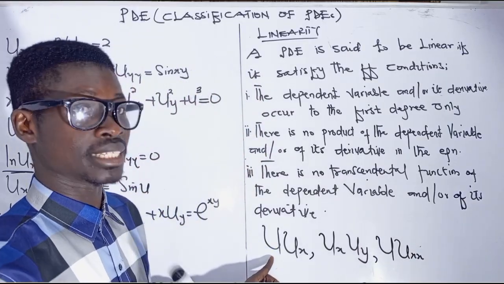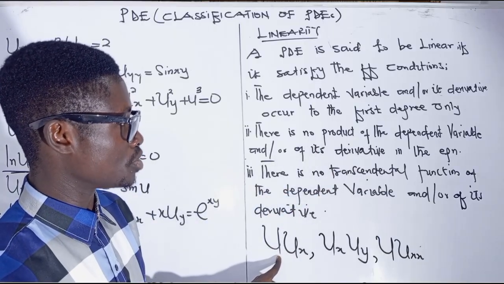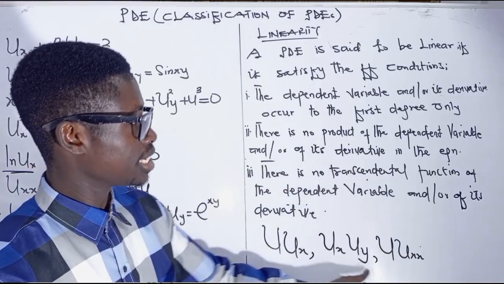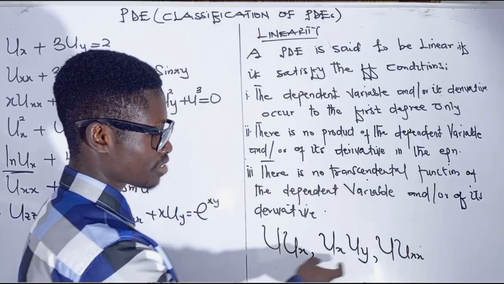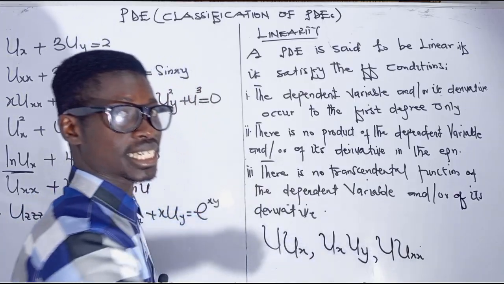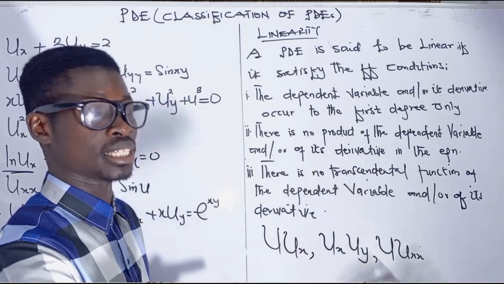This is the second condition. There's no product of the dependent variable, which is u, and or its derivatives in that equation for it to be linear. When we have something of this form in the equation, then that PDE is not linear but rather a non-linear PDE.